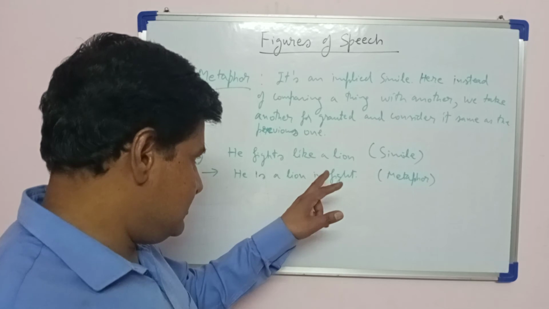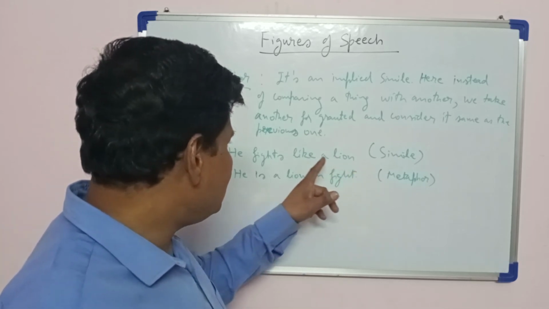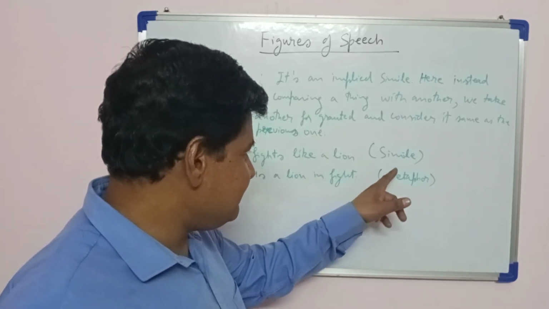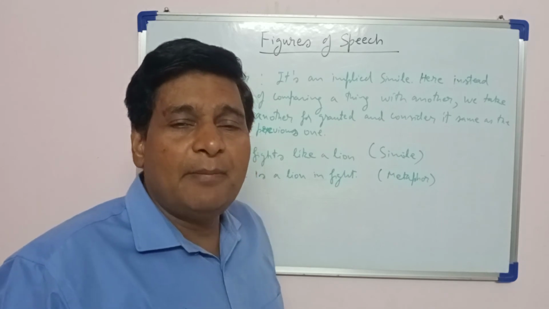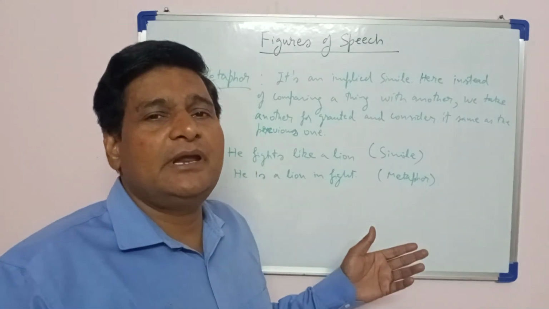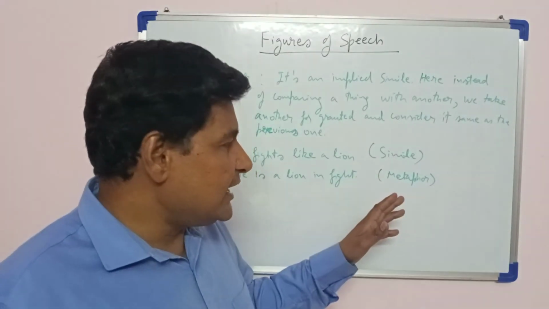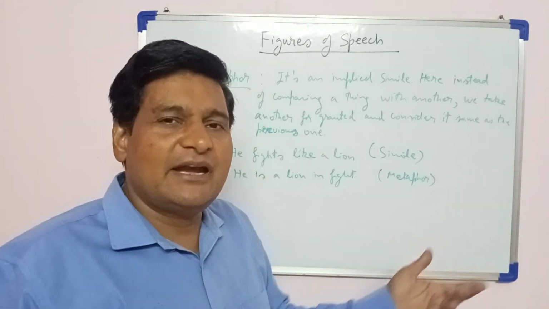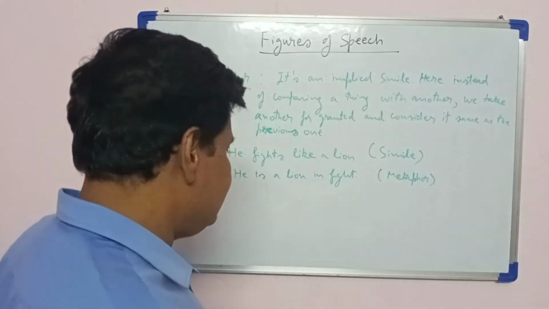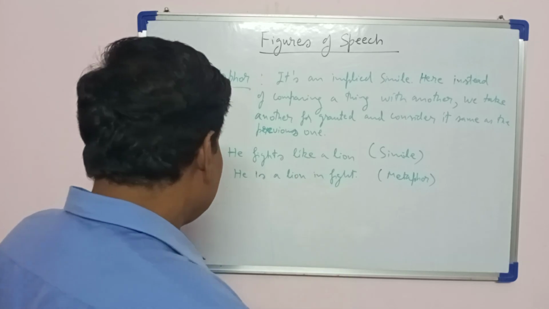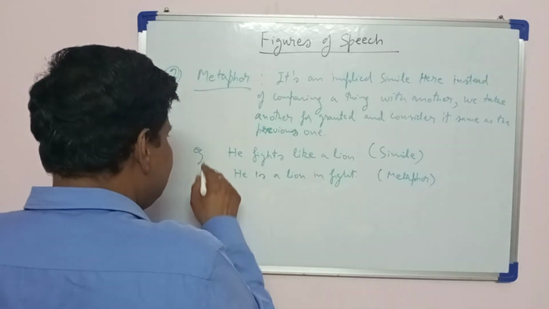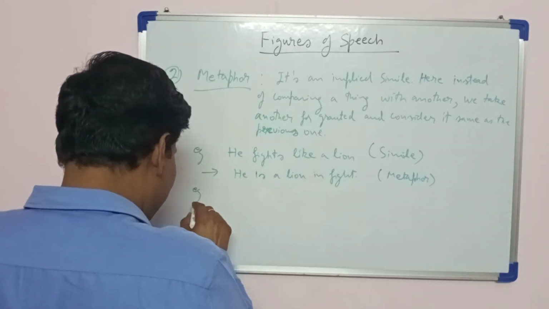So here we are understanding how metaphor is different from simile. A metaphor can be written like a simile and a simile can be written like a metaphor, and we can understand this very easily. These are some examples. Let us see some more examples of metaphor.